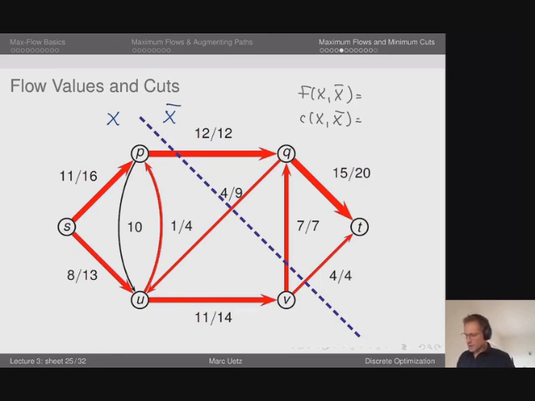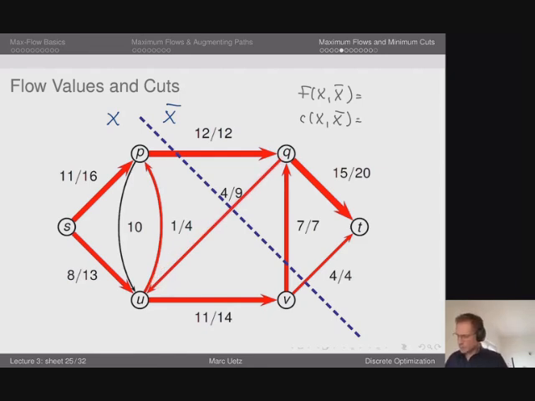And well, what is the flow value? Actually, I don't have to recompute it because it should still be 19. We already know that the source vertex is actually getting rid of 11 plus 8, that is 19 units, and everything must reach the target node T. But let's just do that again. So for this cut, we would have 12 plus 7 plus 4 makes 23, but minus 4 units that go in the reverse direction.